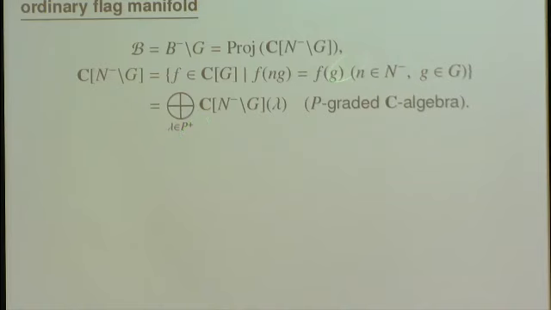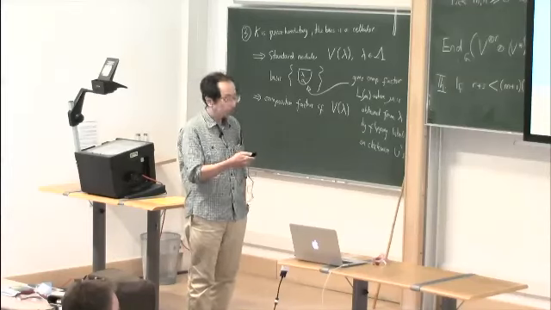The grading is defined by using the action of the maximal torus on G, the left multiplication on G. So in this talk, all graded rings, all graded algebras are P-graded rings. So I consider Proj for the P-graded rings.